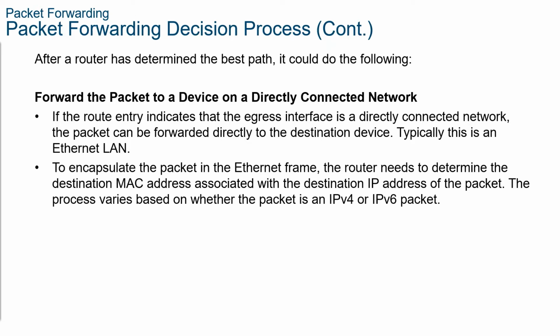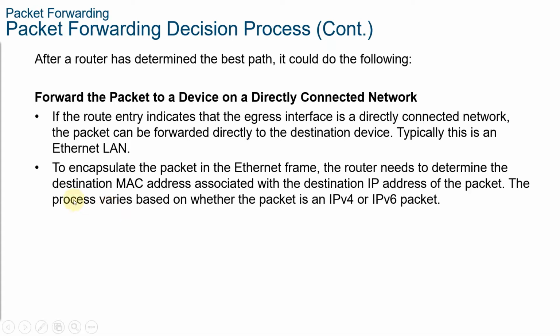The destination device is typically an end device on an Ethernet LAN, which means the packet must be encapsulated in an Ethernet frame. To do that, the router needs to determine the destination MAC address associated with the IP address of that packet. The process varies based on whether the packet is IPv4 or IPv6.